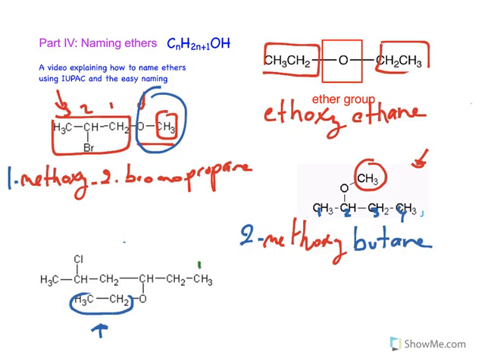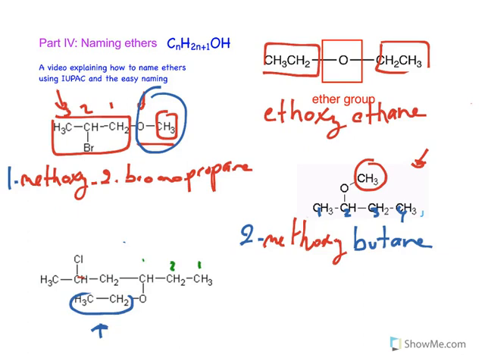If I start from here, 1, 2, 3, the alkoxy group will be attached to carbon number 3. But if I number from the other side, 1, 2, 3, 4, it will be attached to carbon number 4. So the priority is for the alkoxy group to be attached to the lowest numbered carbon.